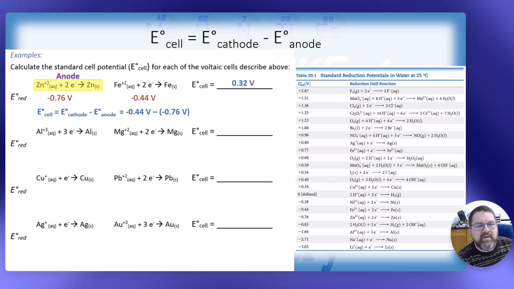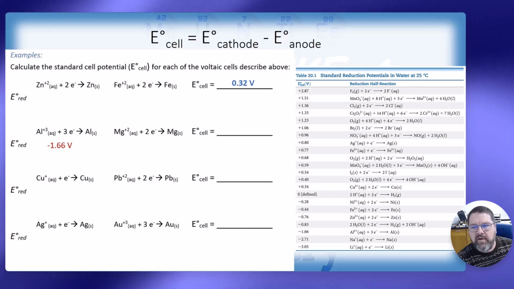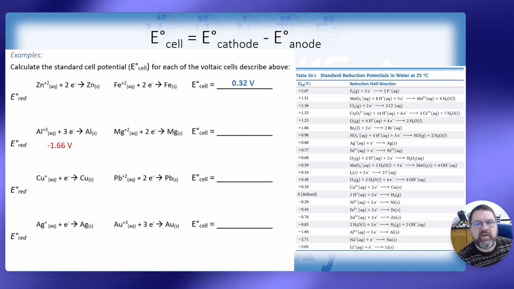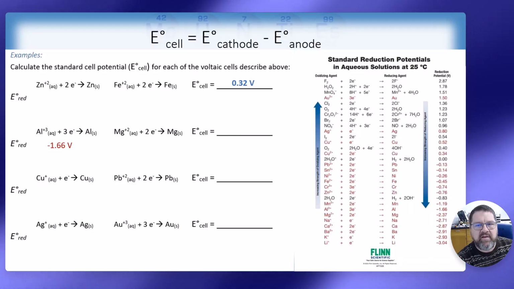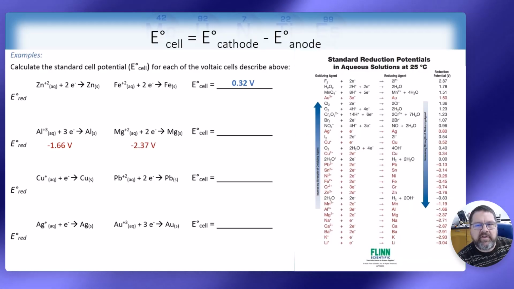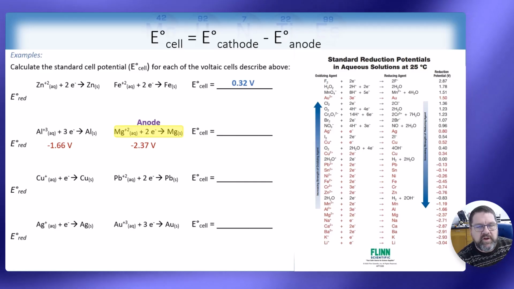All right, if we look at the next one, aluminum and magnesium. Aluminum has a standard reduction potential of negative 1.66 volts. Again, magnesium's not on this chart, so we'll go to the wall chart that we have, and magnesium has a standard reduction potential of negative 2.37 volts, so that is going to be oxidized and therefore serve as our anode.